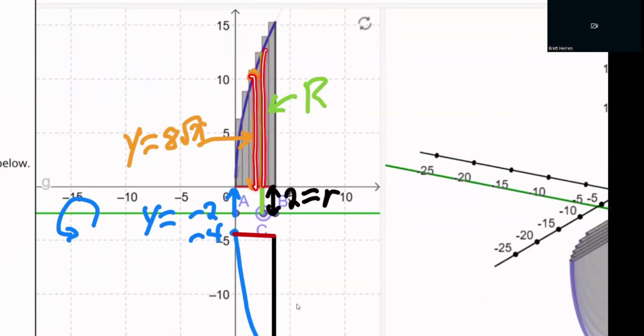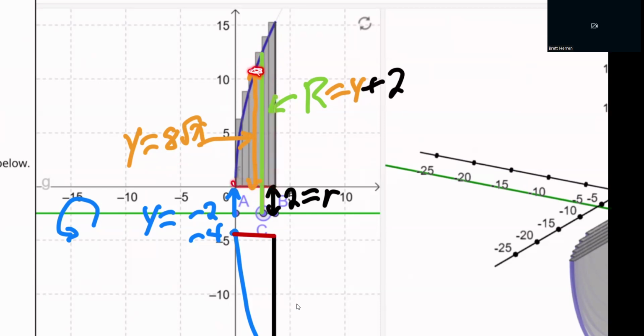So then what's capital R? It's going to be all of y plus 2. Do you see that? Plus 2, because that's the little inner radius. In other words, capital R, from the middle all the way up to the curve, is the y value from the origin up to the curve plus 2. Again, y values always start at the origin. That's how you graph: you start at the origin, you go over x, up y.